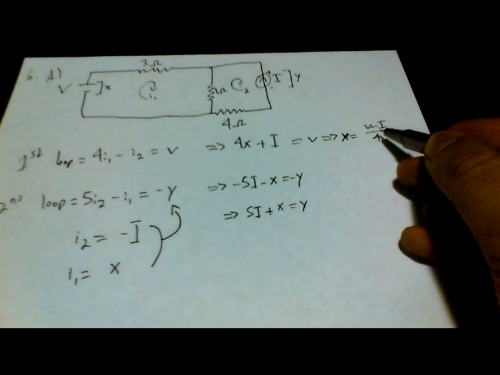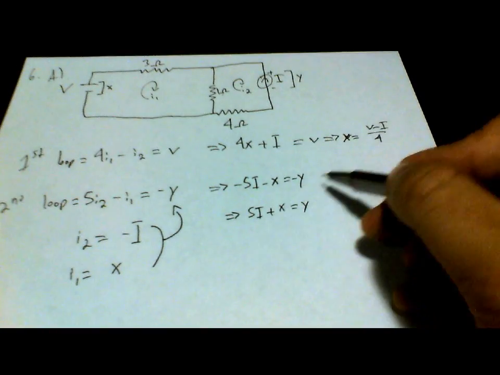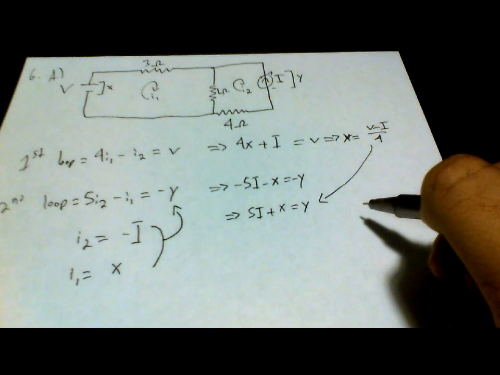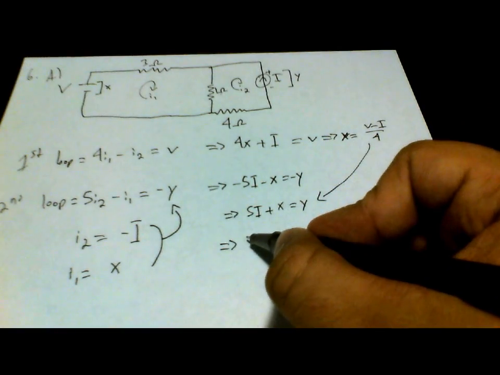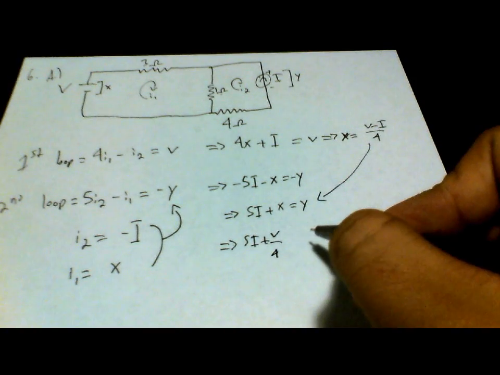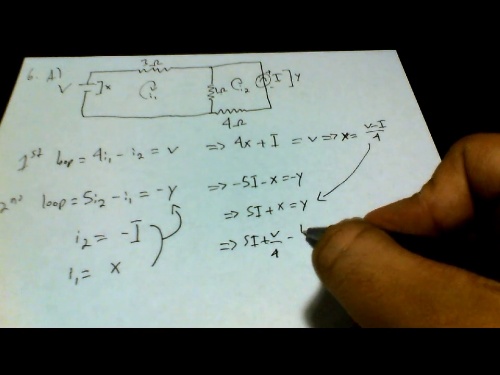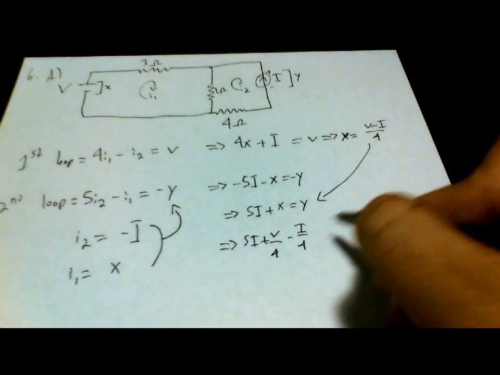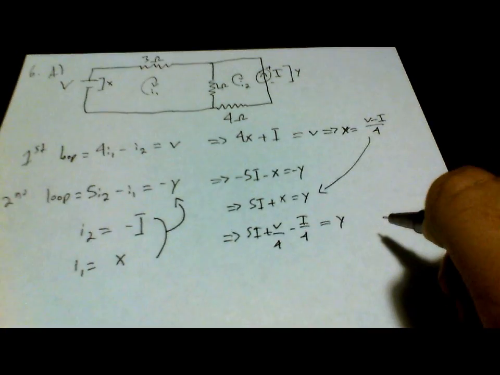Now we have X up here in terms of V and I, so we can plug that in to give us 5I plus V over 4 minus I over 4 equals Y.